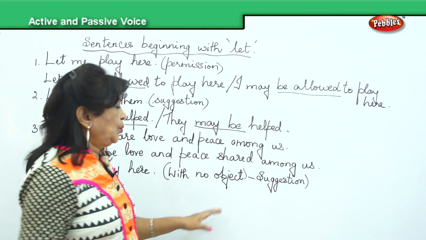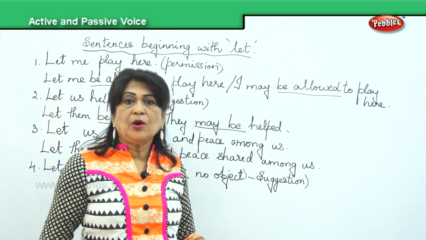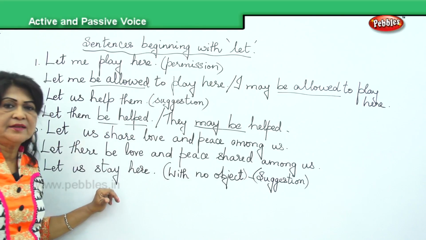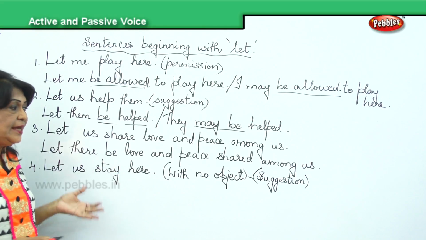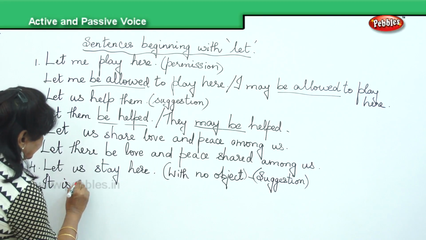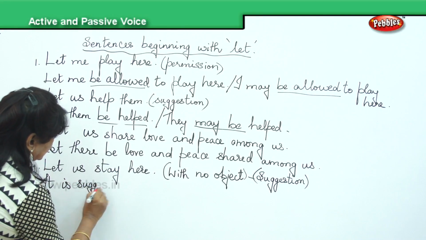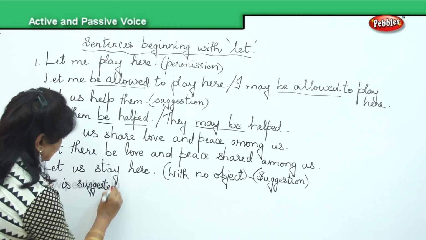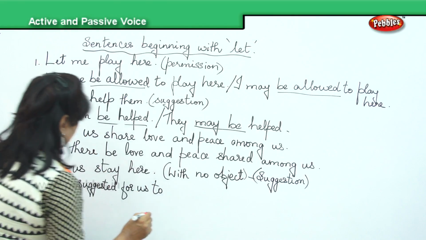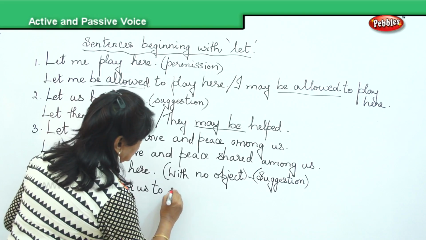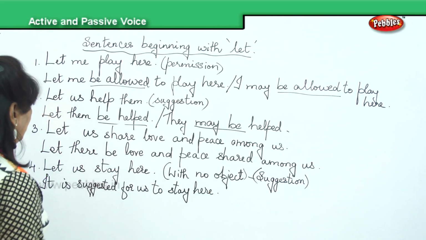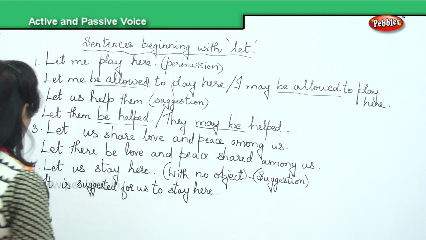For request, we had you are requested or we are requested. For suggestion, you can change these active voices into passive voice by saying it is suggested for us to stay here.